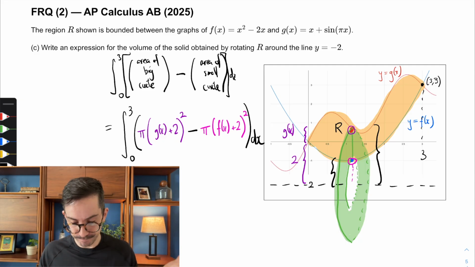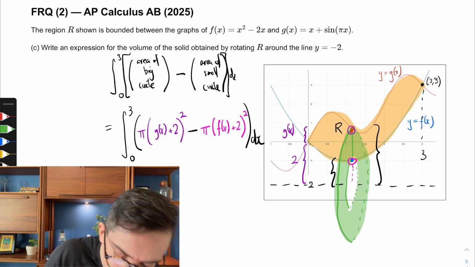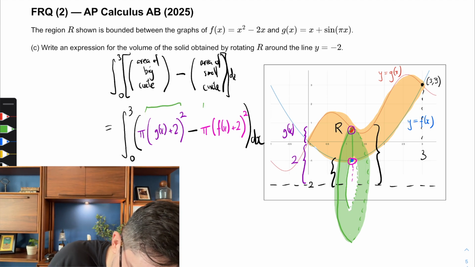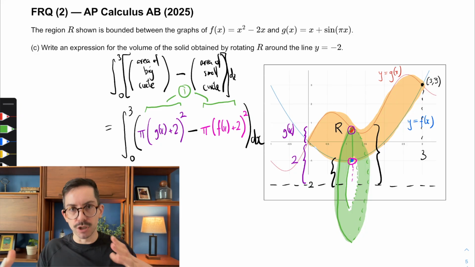We're done. Great. How were the points divvied up here? Well, we're getting 1 point for the overall form of the integral, so something like the area of the large circle subtract the area of the small circle. That's one starter point for us.